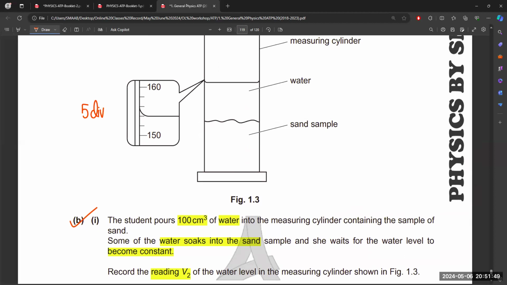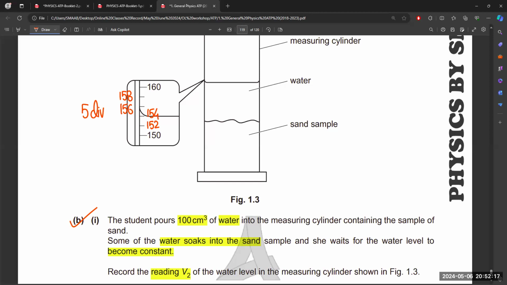5 divisions means this will be 152, 154, 156, 158, then 160. So this is the only important thing that you have to keep in your mind, because most students do 150, 151, 152, 153. So maybe they record readings like this.